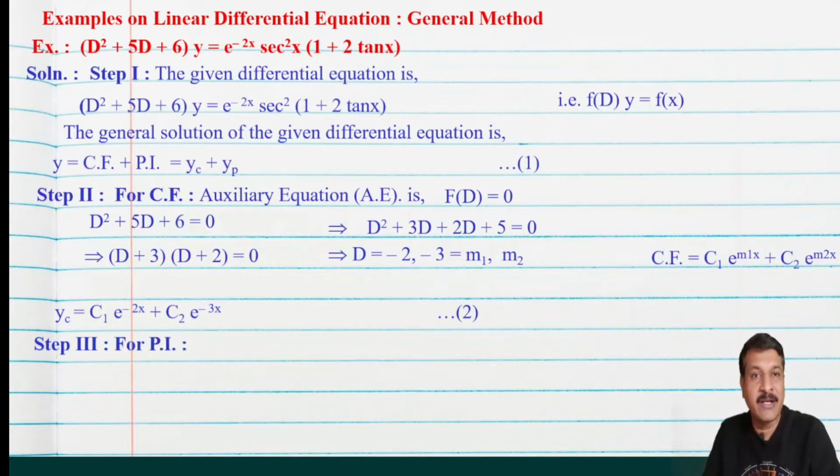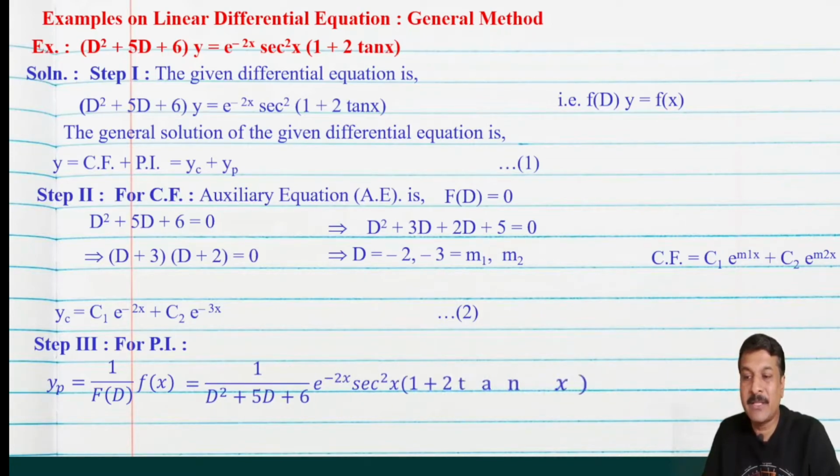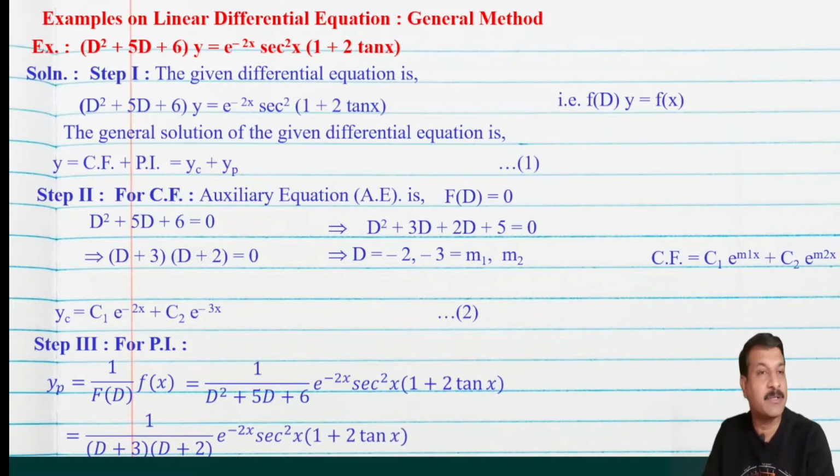Now the particular integral, that is the general form. As we know, yp = 1/f(D) operating on f(x). So what is f(D) and f(x) here? Here 1/(D² + 5D + 6) operating on f(x), meaning e^(-2x) sec²x (1 + 2 tan x). What are the factors? Here (D + 3)(D + 2).